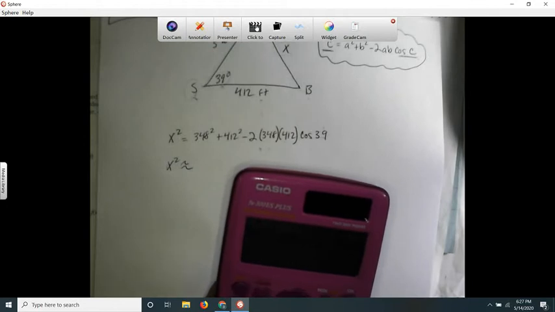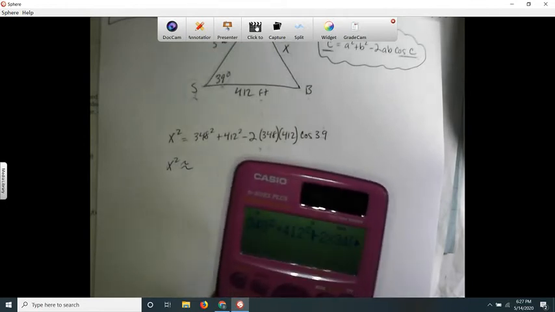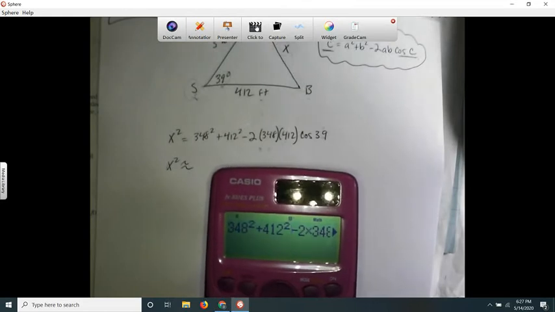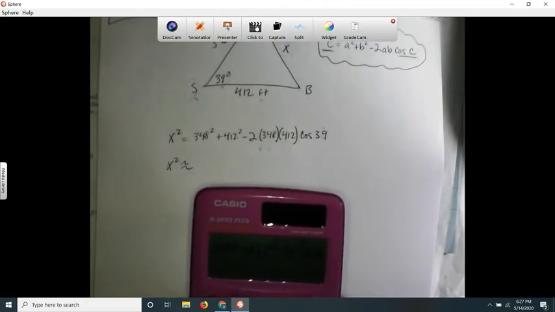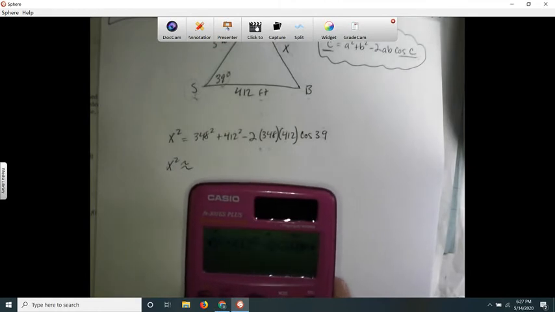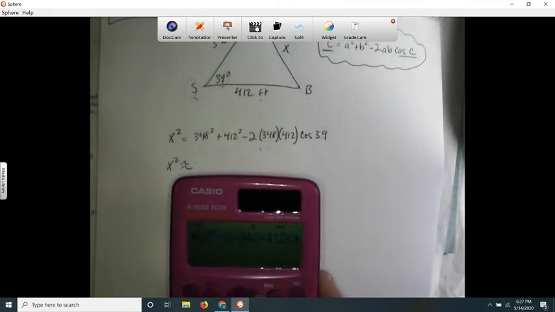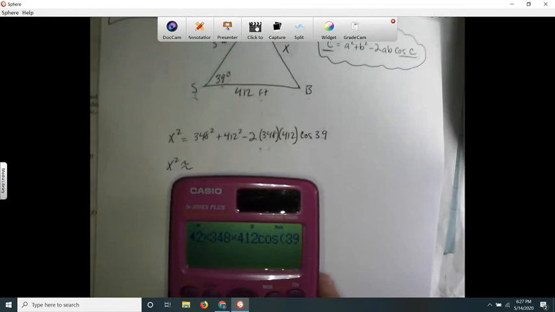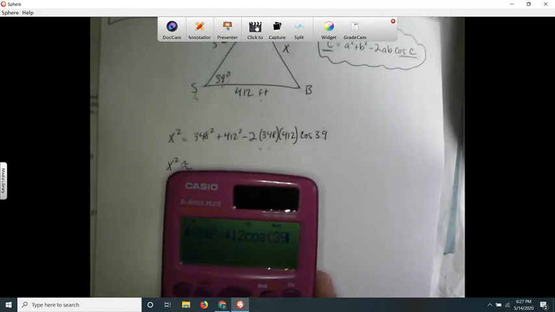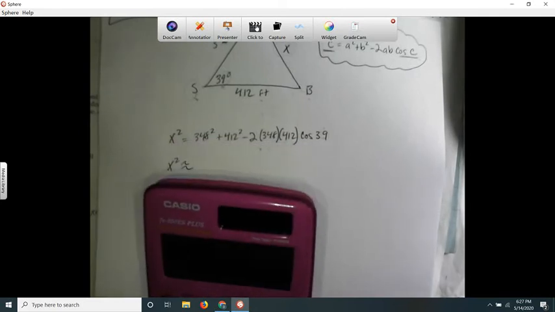I typed it in exactly how it looked: 348 squared plus 412 squared minus 2 times 348 times 412 times cosine 39. Oh, I put myself in degree mode. Okay, I'm in degree mode now.